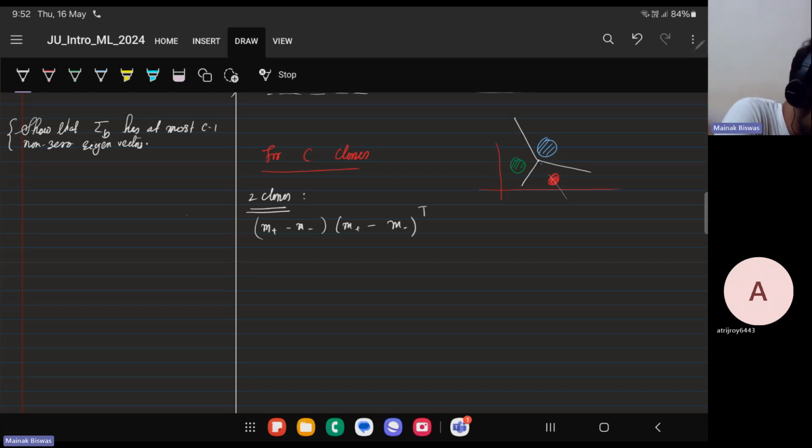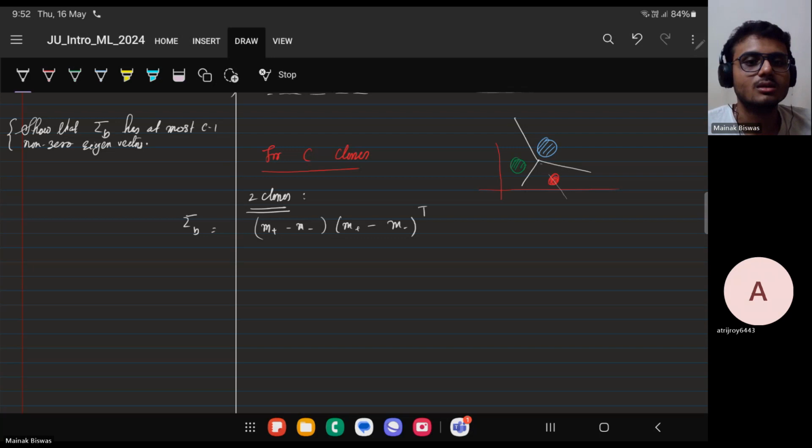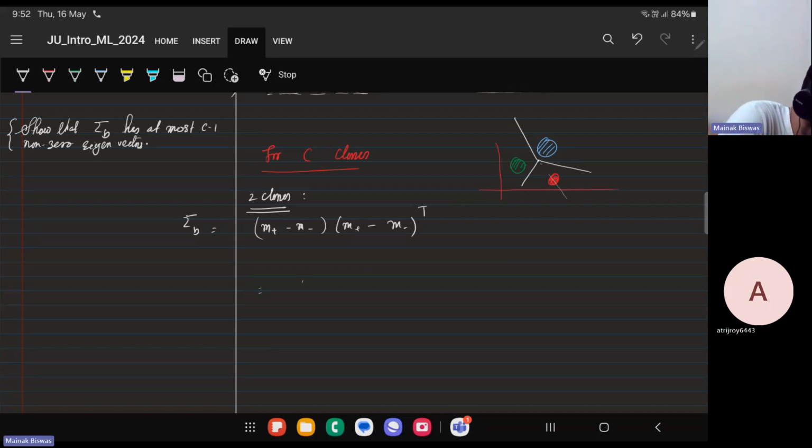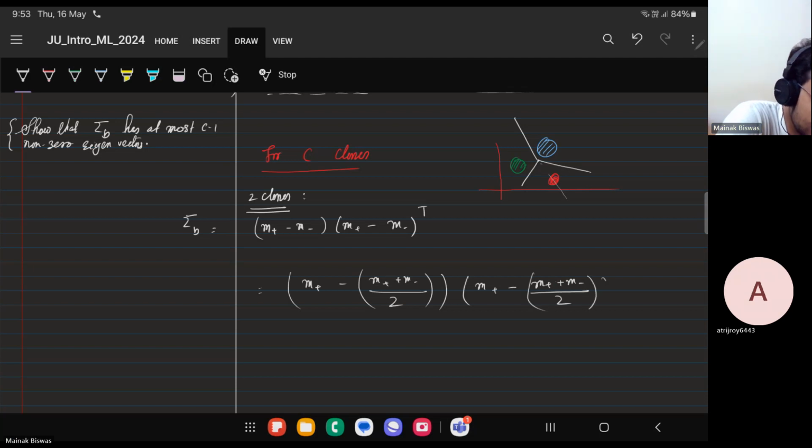This is what I was getting as sigma b. Do you agree? Can I write this as (m plus plus m minus)/2, and (m plus plus m minus)/2 transpose, into 4, or just proportional to this?